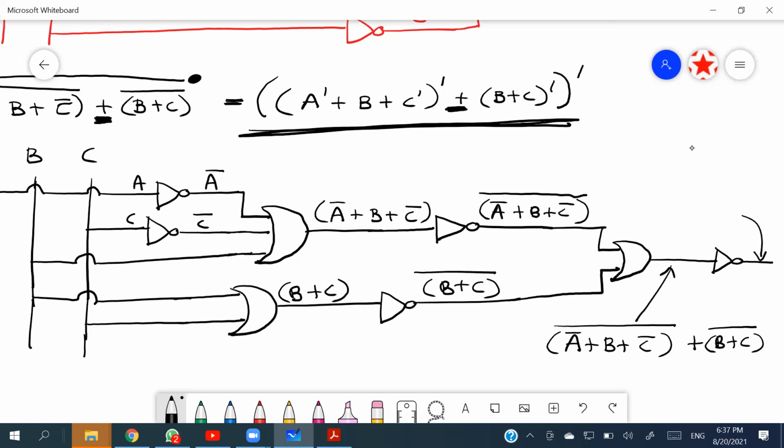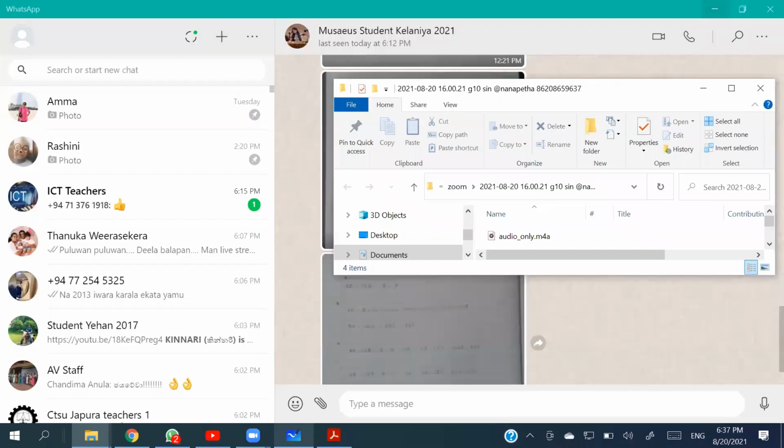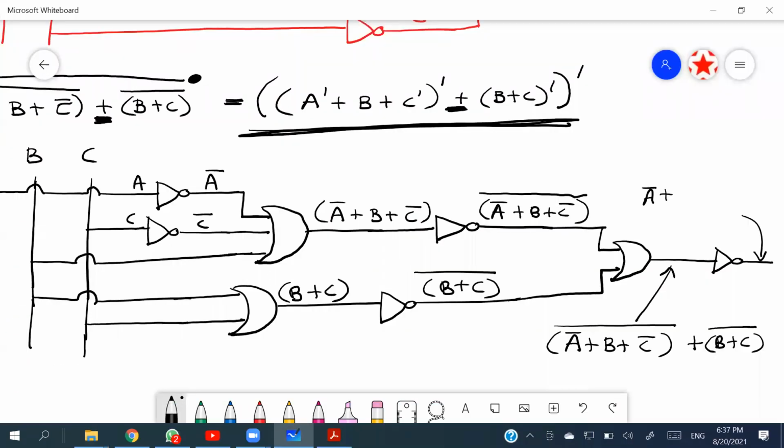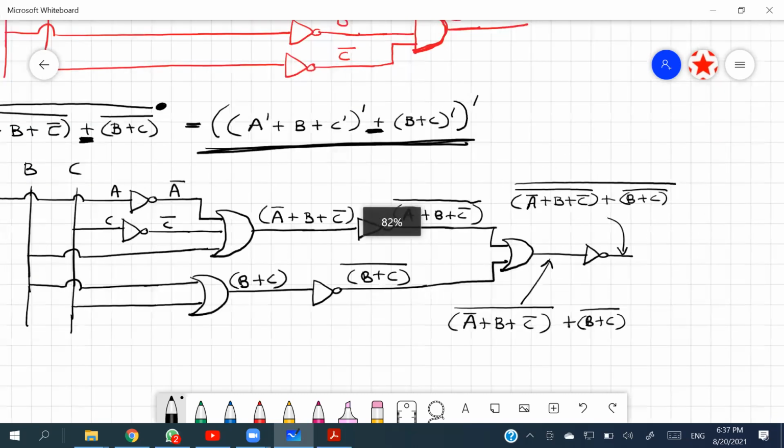And there you can have A bar plus B plus C bar, total bar, plus B plus C total bar. And at the top of it, it's going to have a big bar. Right? So this is going to be the last circuit.